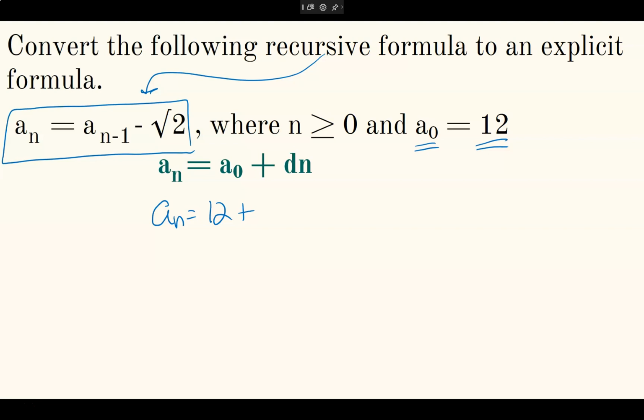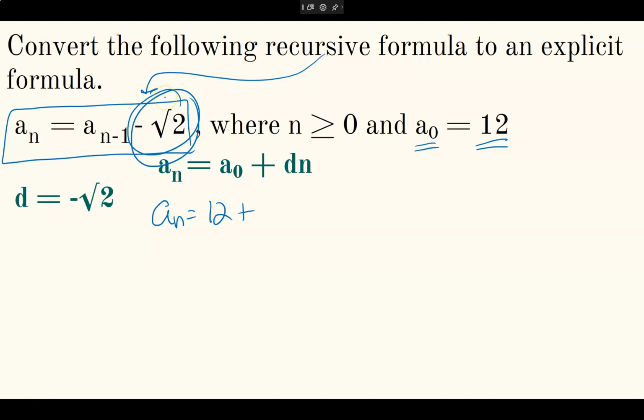How can I find my difference? You can do it. Look at that recursive formula. Recursive formula, guys: you take the previous term and add the difference to it. So what was my difference? Negative square root of 2.